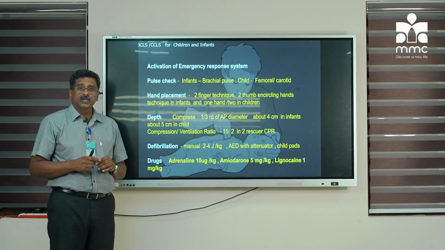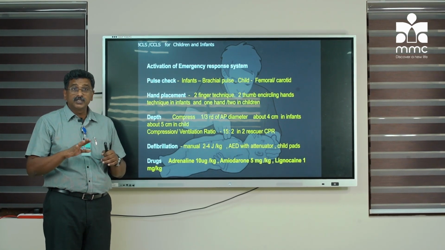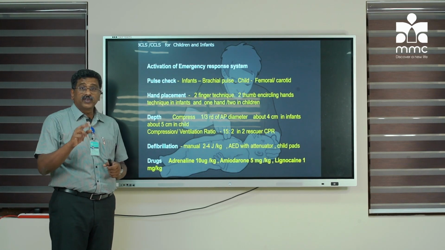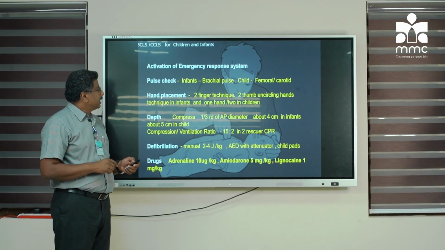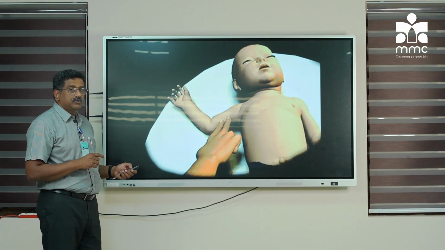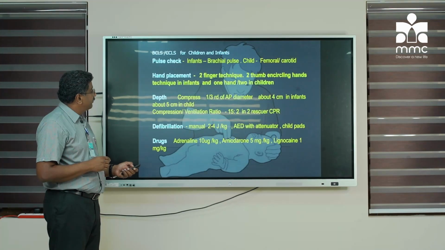Hand placement is very important. In an adult, that is the lower half of the sternum with two hands, but here it is a 2-finger technique and a 2-thumb encircling hands technique. So I'll show you the picture. That is about the brachial pulse, where you are going to check in an infant.